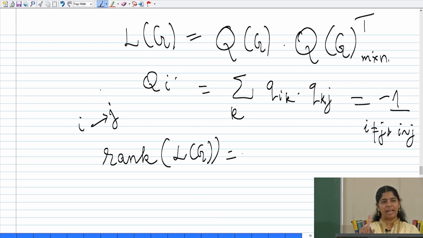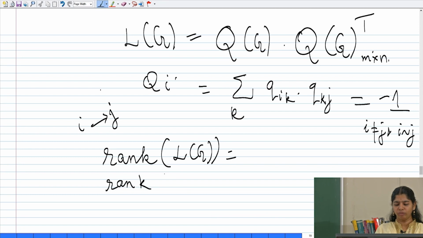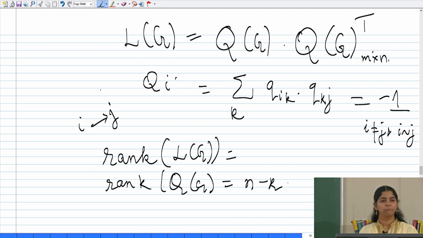Already we know that the rank is less than or equal to n minus 1, because L has row sums equal to 0. So, knowing the fact that the rank of Q of G is n minus k, what can we say about the rank of L of G? My G has k components, so it is n minus k, whether k is 1 or more.